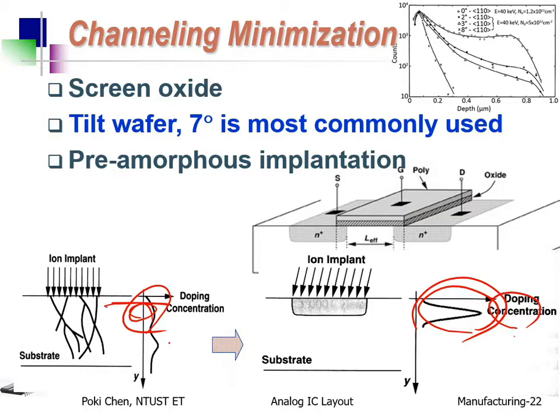I mentioned already, all the currents, all the operation will be around the surface of your wafer, of your chip. Okay? So, the concentration becoming very high close to the surface will enhance the current conductivity.